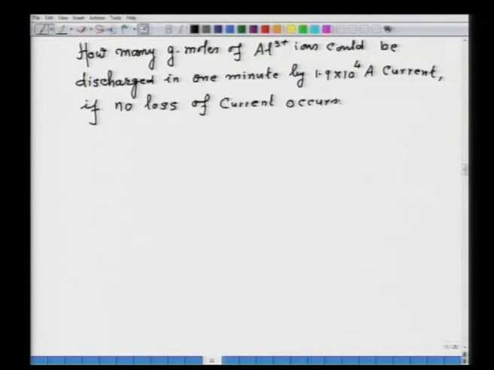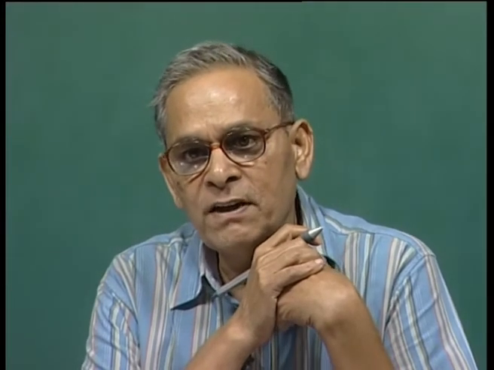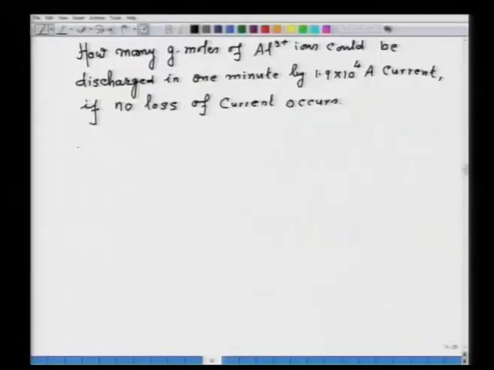It is a very simple problem. That means, if you pass 1.9 into 10 to the power 4 ampere of current in an electrolyte in order to discharge Al3 plus to aluminum, how many gram moles of aluminum will be deposited? Very simple.